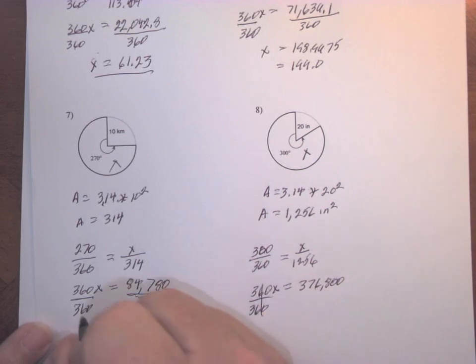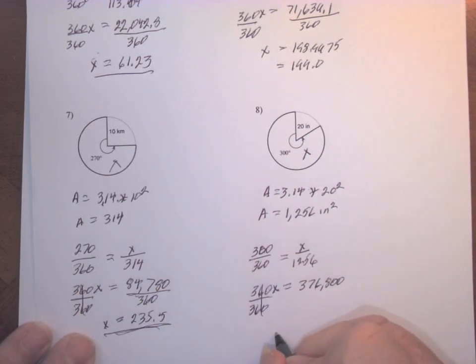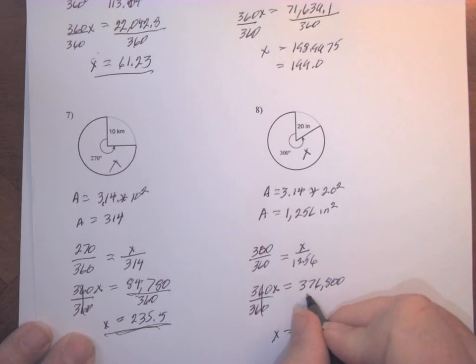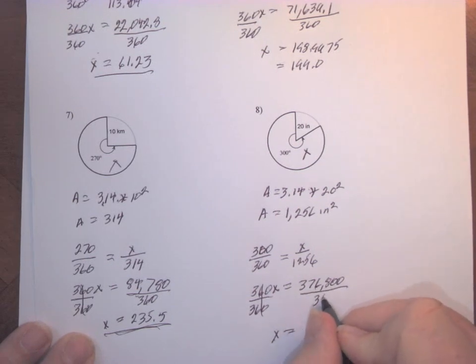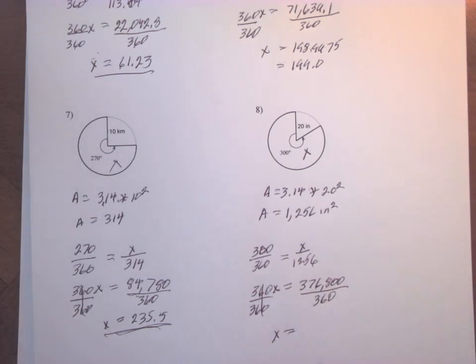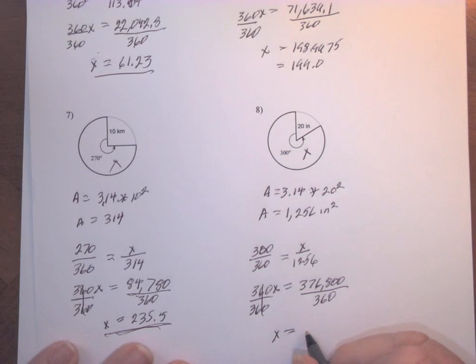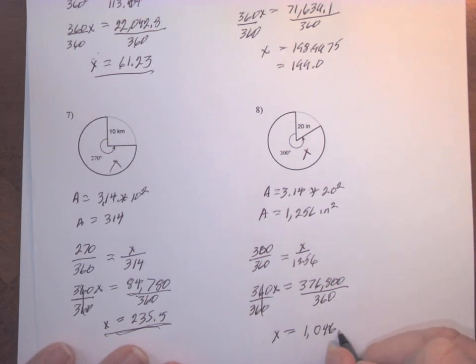Those go away, just like those did. And we end up with x is equal to this divided by 360. So we take the 376,800 divided by 360, and we get 1046.666. So we get 1,046.7.